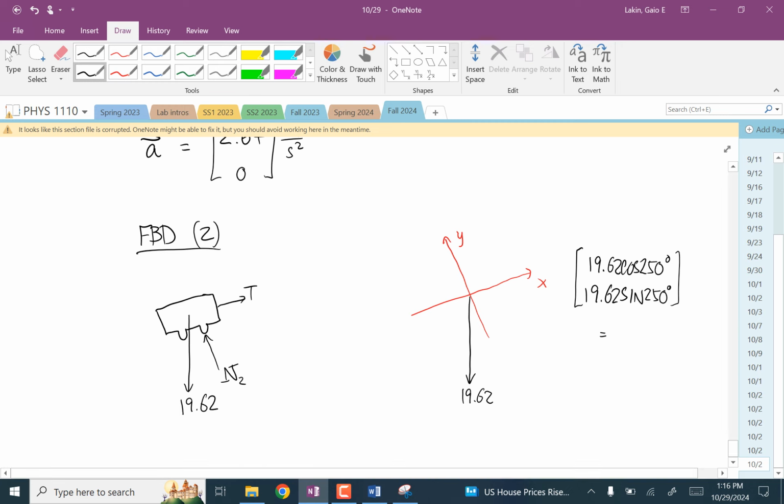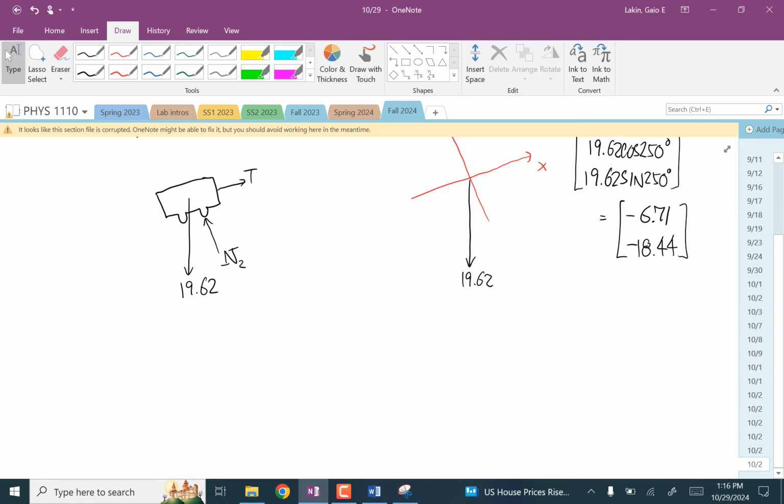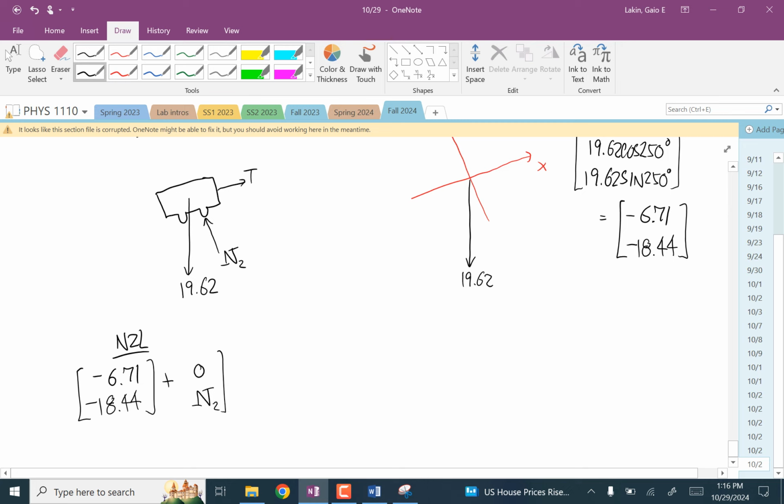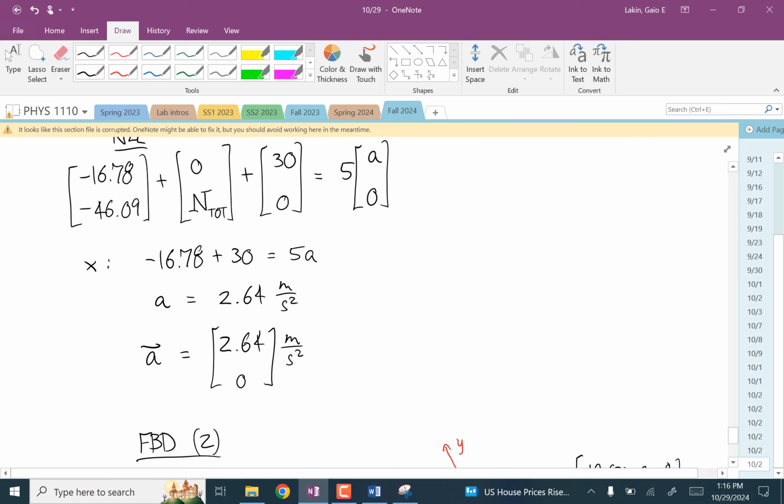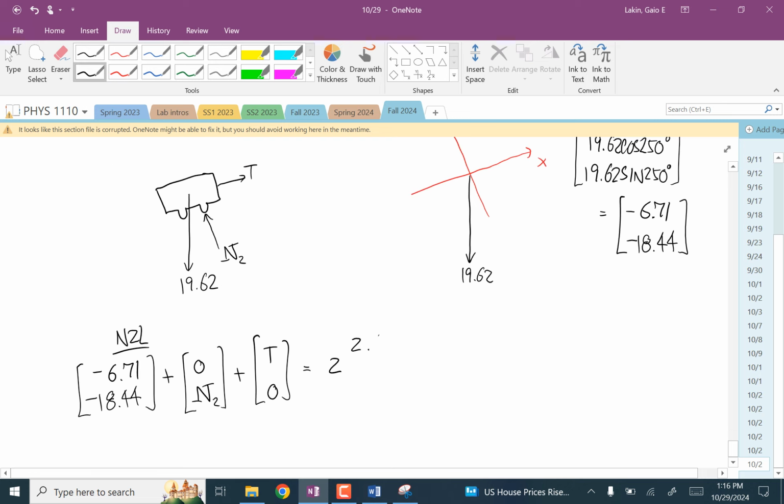So the weight force comes out to be negative 6.71, negative 18.44. And so Newton's second law says negative 6.71, negative 18.44, plus 0 N2, plus T, 0, is equal to 2 times the acceleration vector we got before, 2.64, 0.